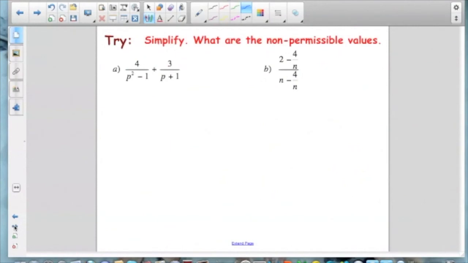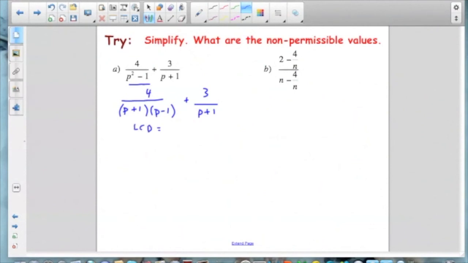Okay, so let's just try these ones. So let's look at this. I can see that can factor. So it's p plus 1, p minus 1. And over here I have p plus 1. All right. So now let's find our lowest common denominator.